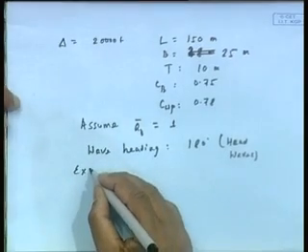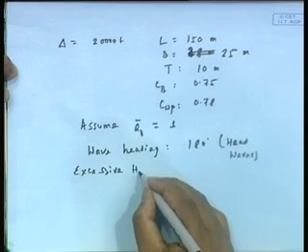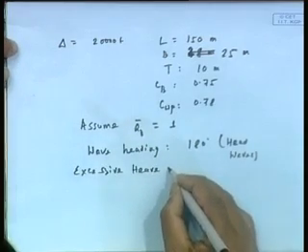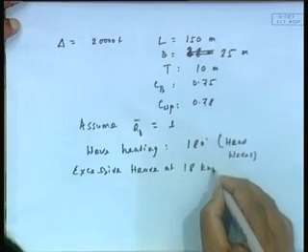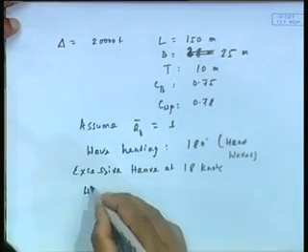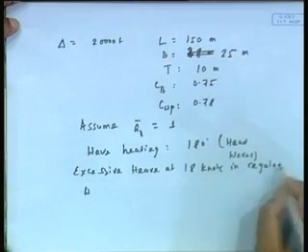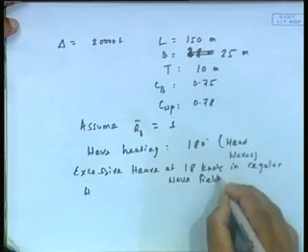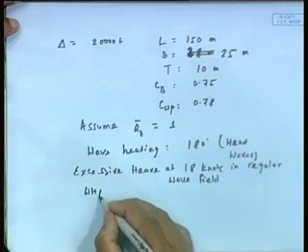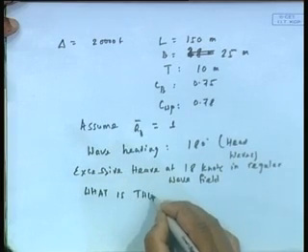Excessive motion at 18 knots in regular wave field. What is the wavelength?